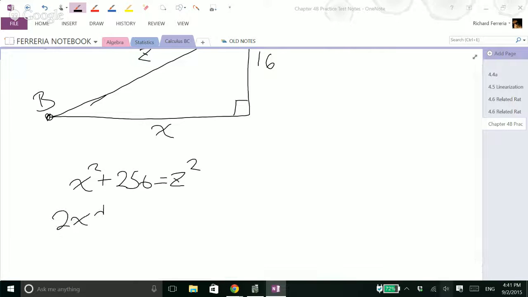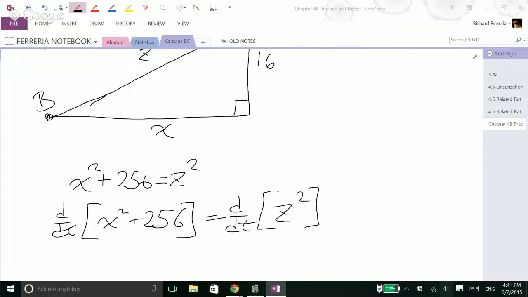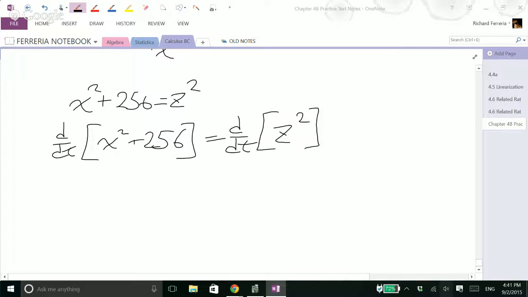I'm going to do d/dt of the left side equals the derivative of the right side. 2x dx/dt equals 2z dz/dt.